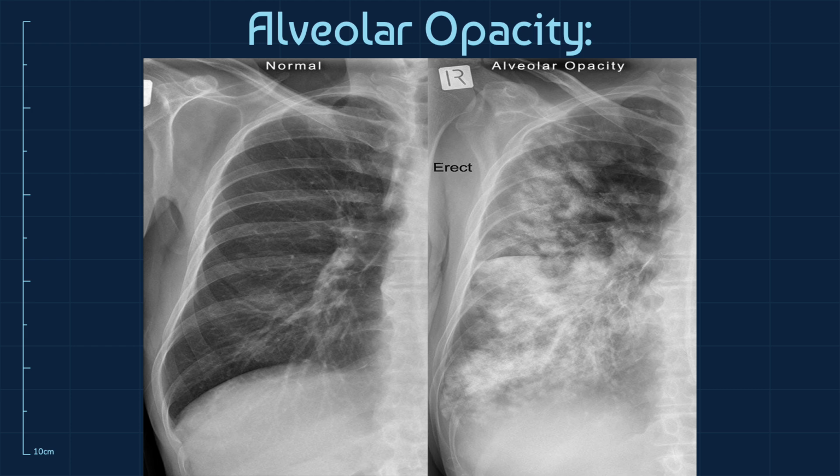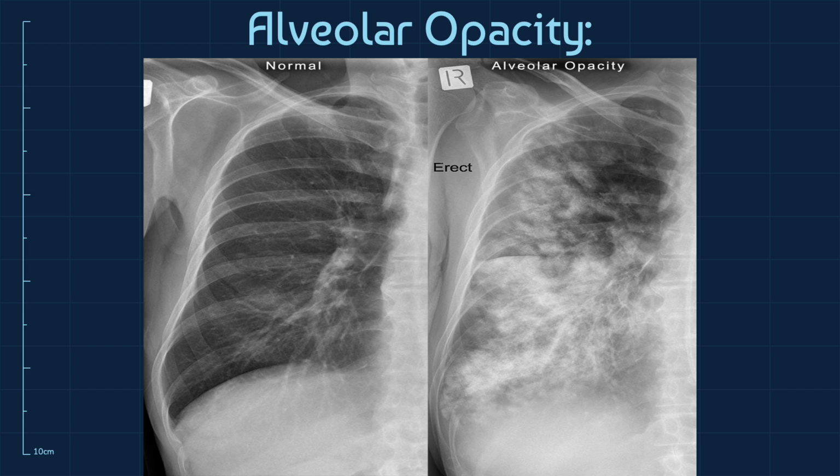And here we have an example of an alveolar opacity. And I want you guys to pay close attention to that sort of cotton ball effect that alveolar opacities demonstrate. And that is because if we remember the anatomy of alveoli, there are these sacs that have sort of a grape-like appearance, and when they get filled with a denser material such as fluid or pus or blood, they tend to appear more radiopaque but still hold the anatomical appearance of little balls and grape-like cotton ball sort of effect.